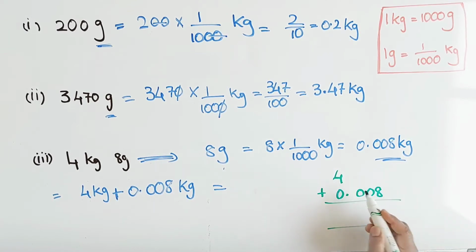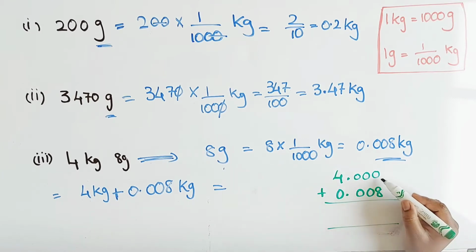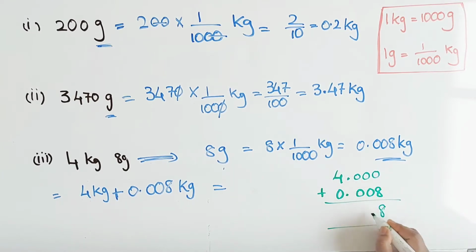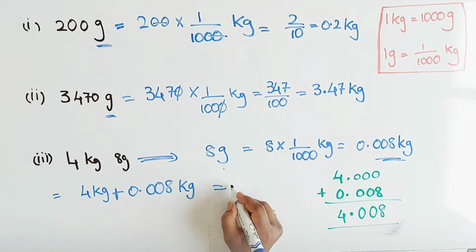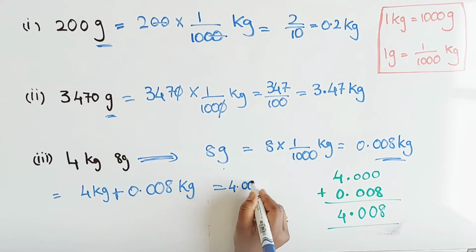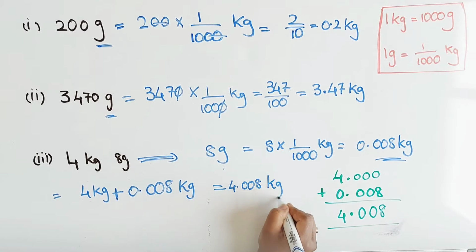Correct? Now see here, we can write point and zeros. We have already learned these rules. Right, children? Now you add 0 plus 8. 8 here, 0 here, 0 here, 4 here. Right, children? So 4 kgs plus 0.008 kgs equals 4.008 kgs totally.